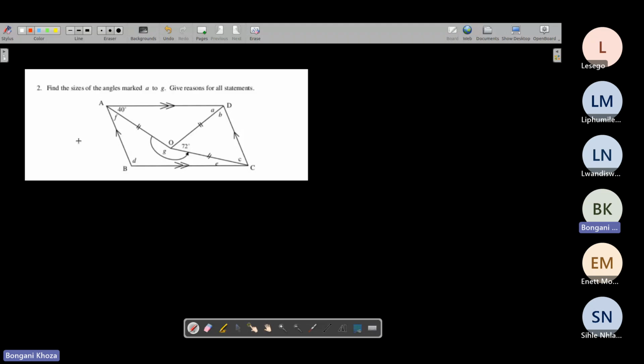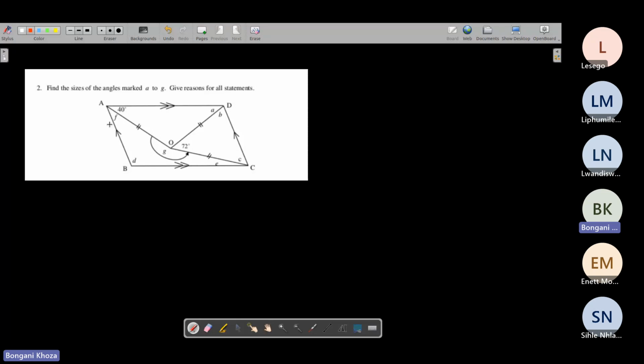So which shape is this? What shape are we dealing with?